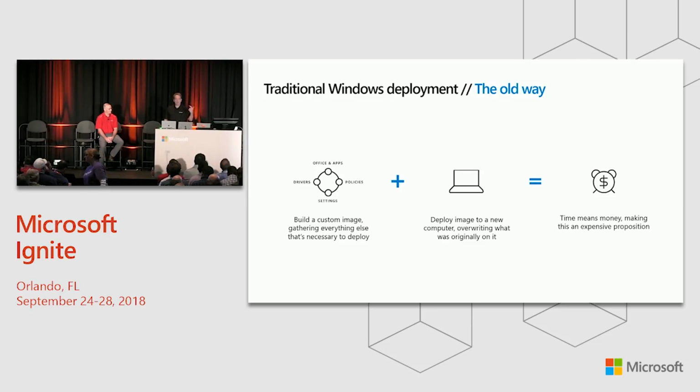You had to build an image, you had to gather drivers, you had to do all of this work to then deploy an operating system to a machine that shipped with a perfectly good operating system on it. So you're spending all of that time and effort just to get something that you've tweaked onto the box. Time, money, extra work that really isn't required.